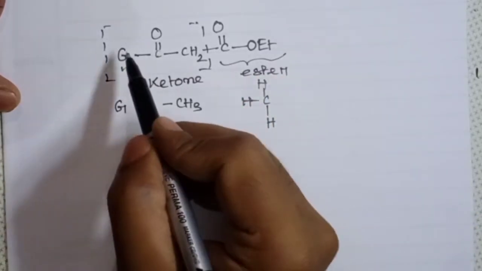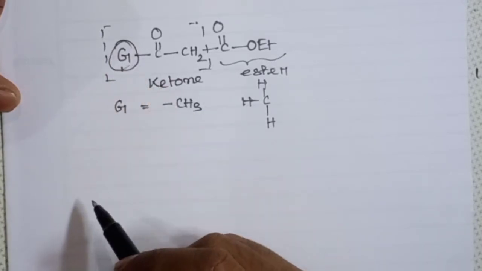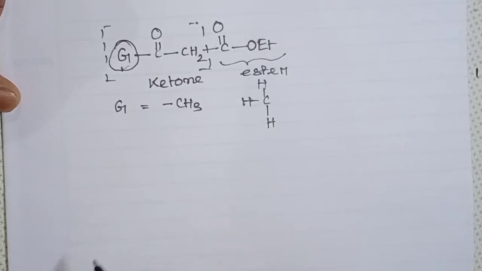Now, depending on the group Z which is attached to the ketone, it will be named acetoacetic ester or malonic ester.